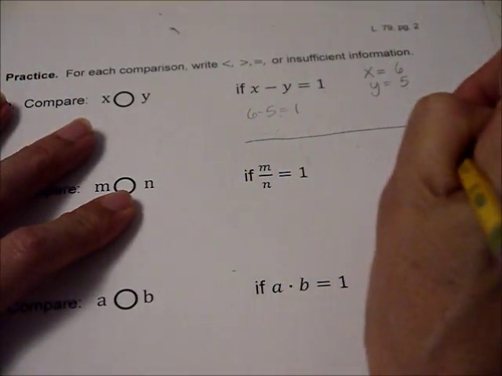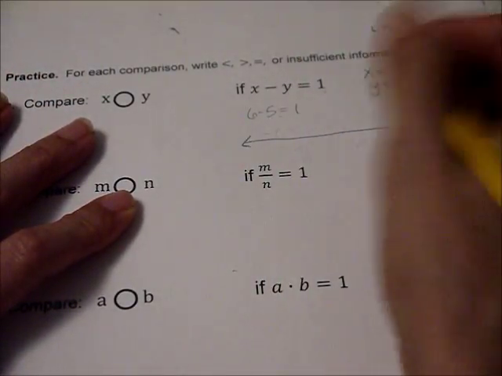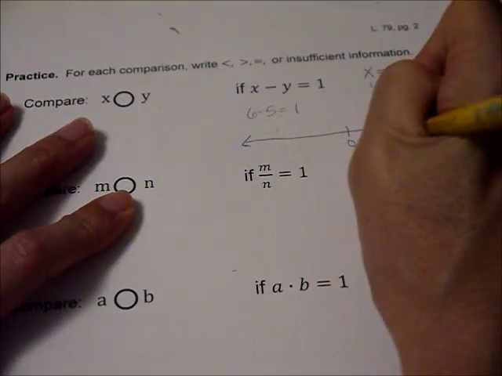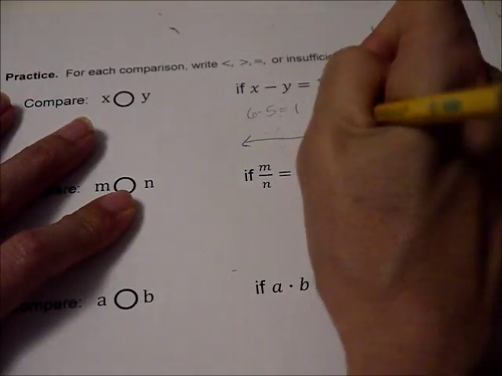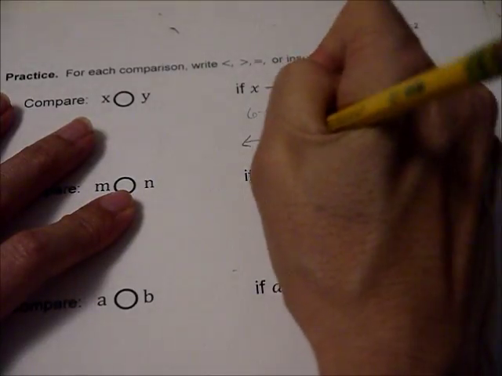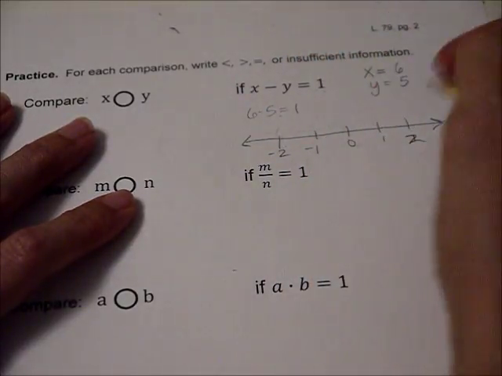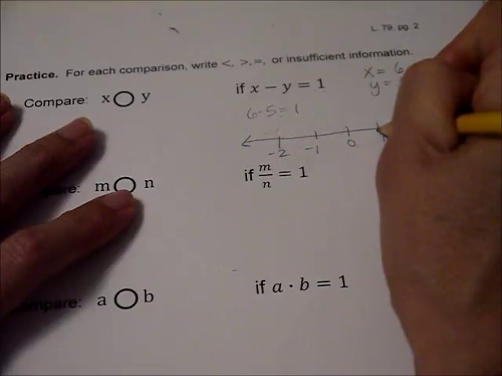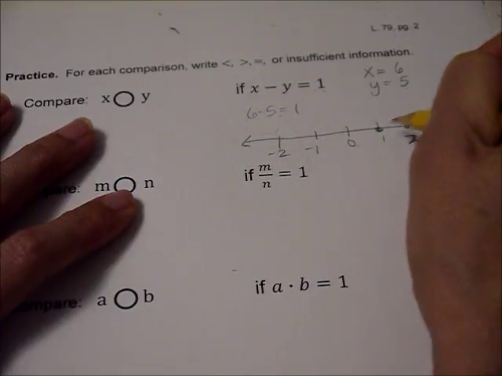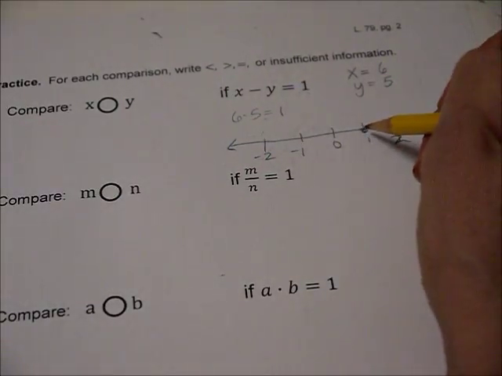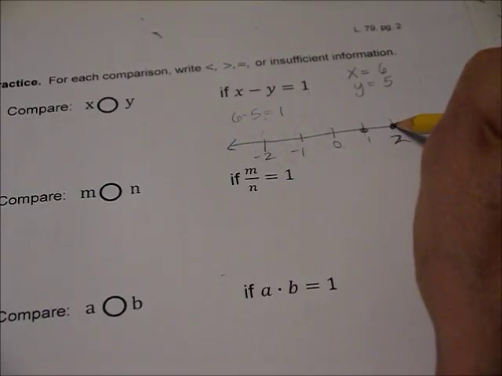Let's show you a number line. The difference between two numbers is 1, right? So let's just look at these. The difference between these two numbers is 1. So if we did 2 minus 1, x is 2, y is 1. Could we do x is 1 and y is 2?